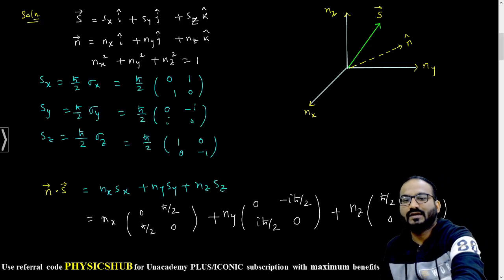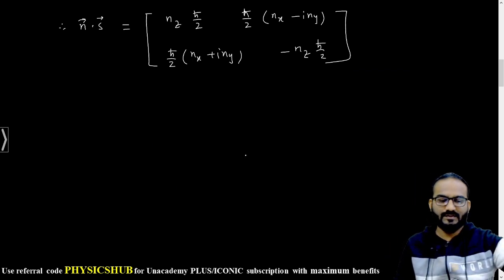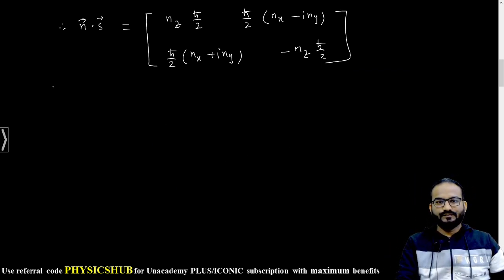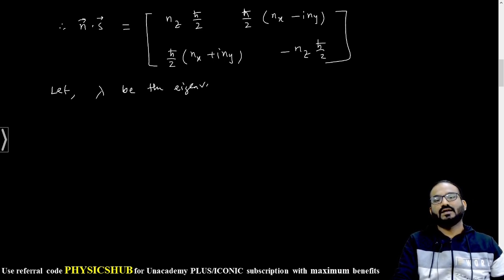So you have to calculate the measurement. What is the result of this? Basically the eigenvalue. Let lambda be the eigenvalue of n dot s.